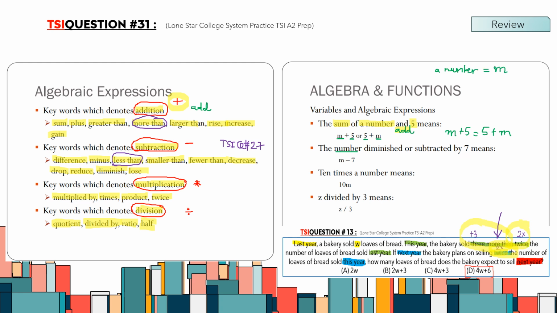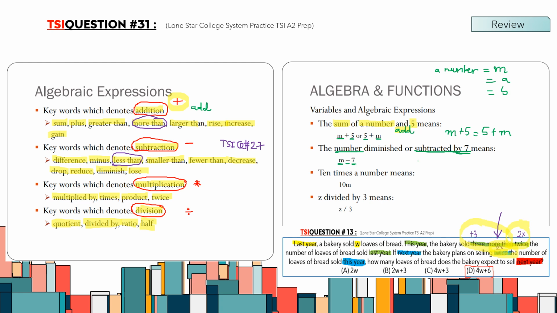We can call any number, we can use any letters to stand for that number, like A, B, C. It doesn't matter. It just stands for a variable, a constant. We can plug in any number in there. So if they say a number subtracted by 7, that means the number then minus 7. You cannot switch them.